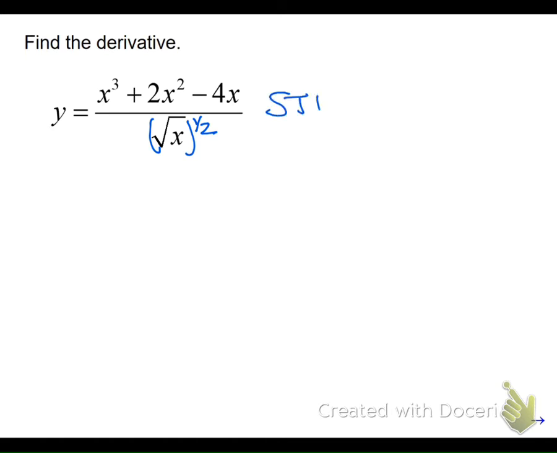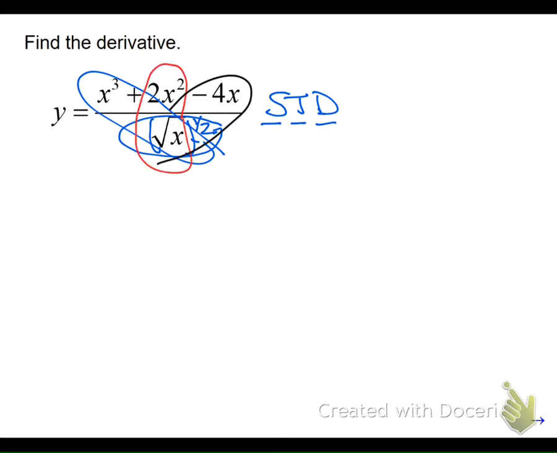I don't know what you're thinking, but it stands for single term denominator. If you have one term in the denominator, then you want to split it up, and you're going to write this over this, and this over this. And then simplify, and then don't forget to actually find the derivative. So let me clean it up and show you what I'm talking about.